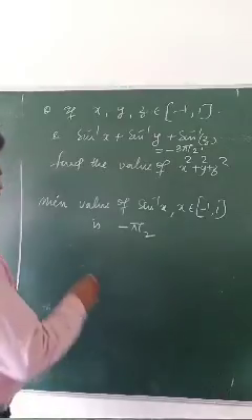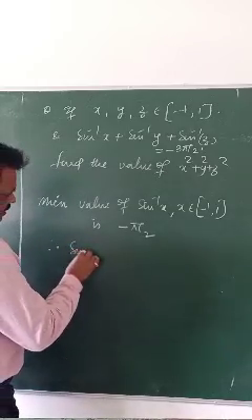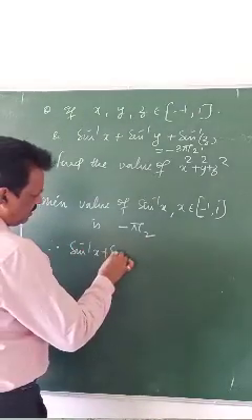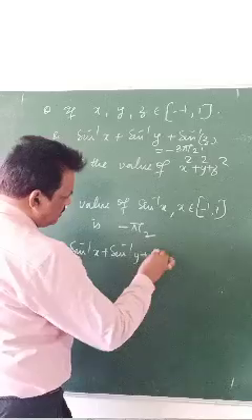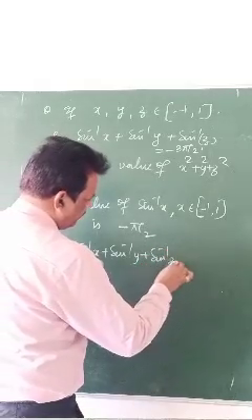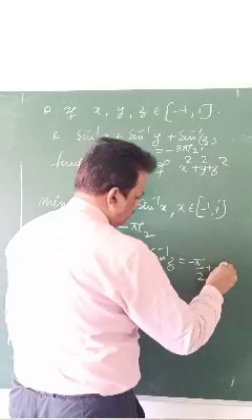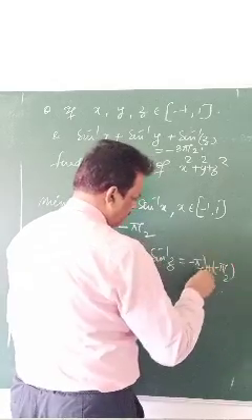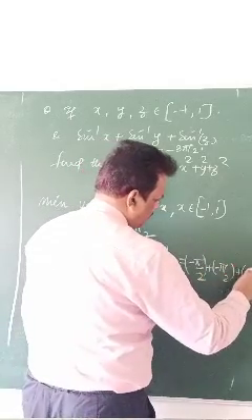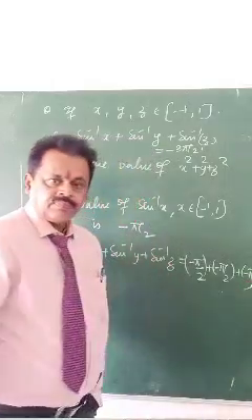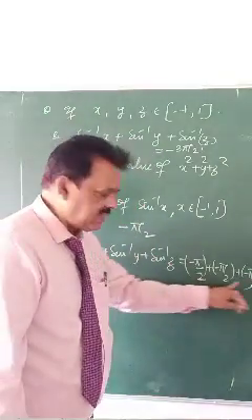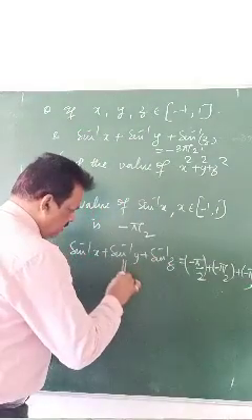Therefore sin inverse x, sin inverse y and sin inverse z are each minus pi by 2. Three parts are written. Now you proceed.